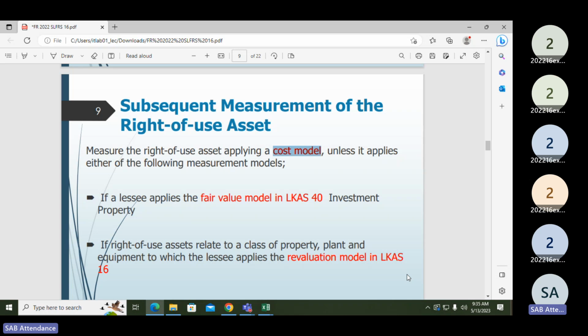So then this right of use asset is a building that is held to earn rental, so it meets the definition of investment property. If the right of use asset is used as an investment property, then again you can use the cost model. For investment property we don't call it the revaluation model, we call it the fair value model. Then you can measure the fair value. It's also possible.